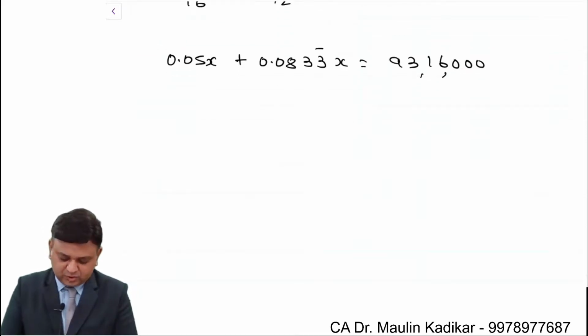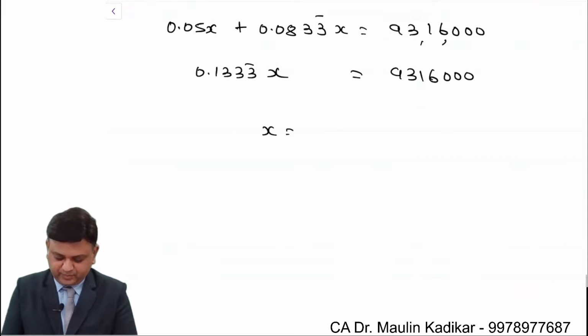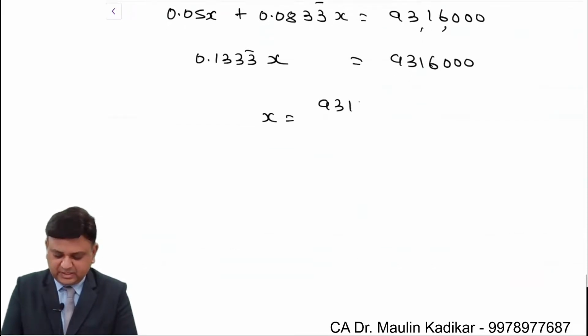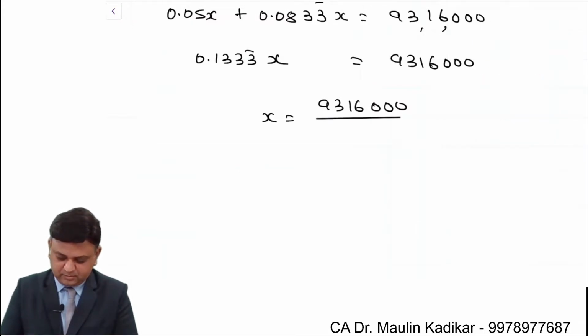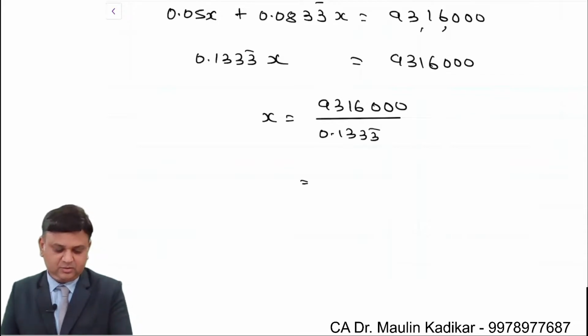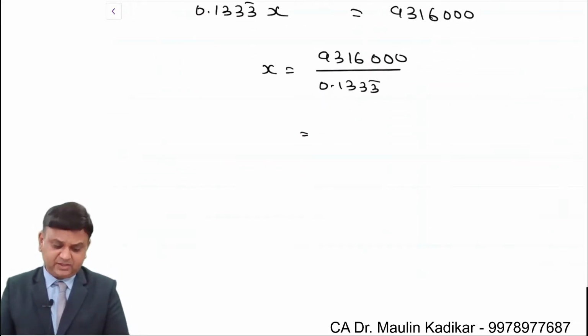So the total of these two, 0.133333x, is equal to 93 lakh 16,000. So x is equal to 93 lakh 16,000 divided by 0.133333. So the final answer comes to 6 crore 98 lakh 70,000.